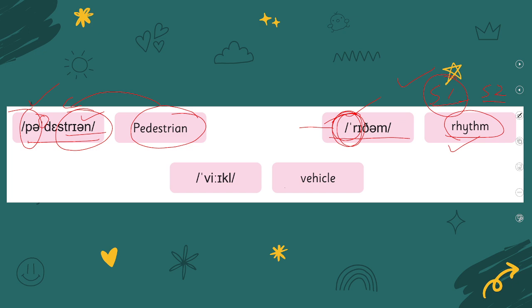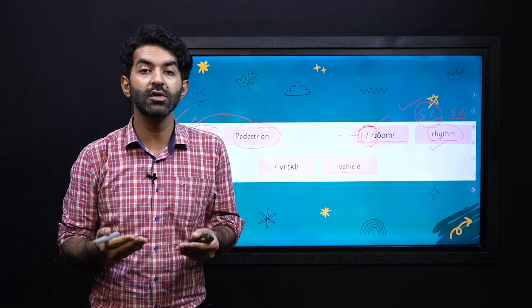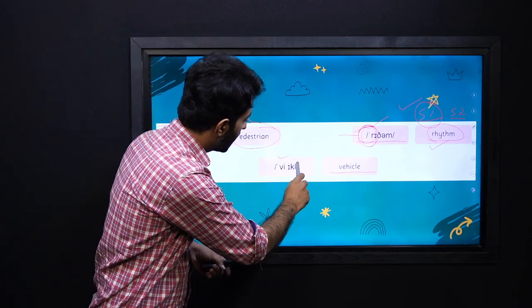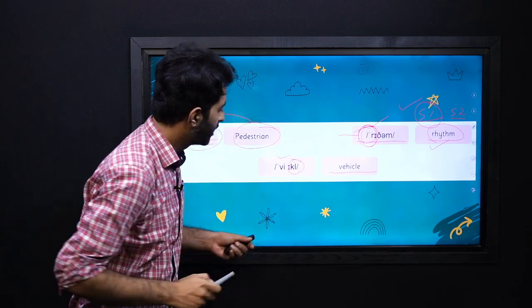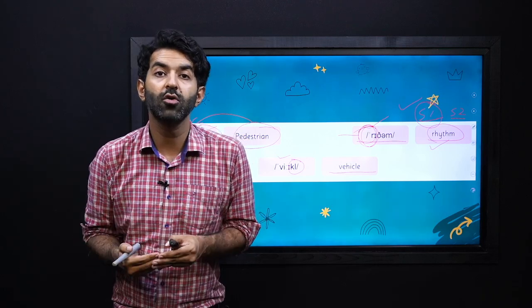Same goes with vehicle. Now, if you notice, how am I saying it? I'm just focusing and stressing on the first syllable, ve, and I'm not stressing on this part. So I have to put primary stress at the very start of saying this word.